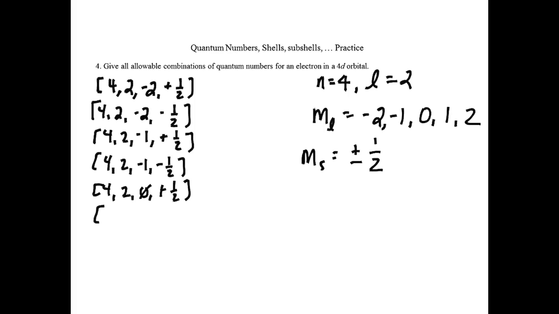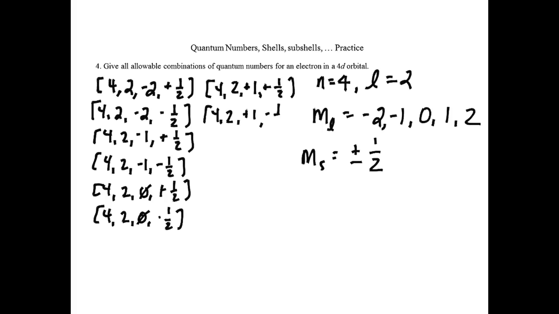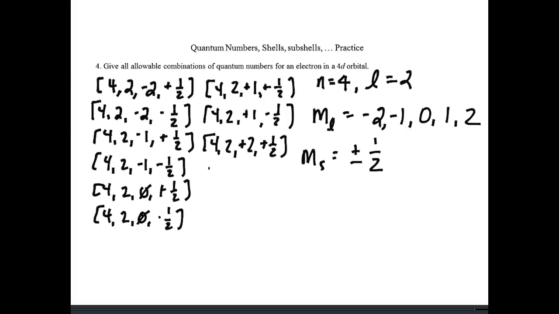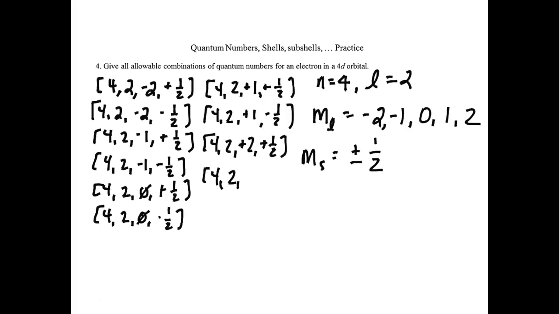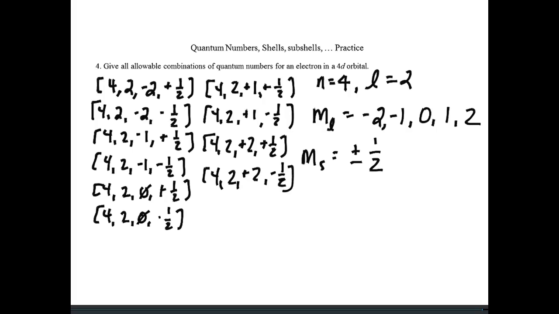However, the M sub L value will vary for all the possible ones it can be. And then the M sub S value will vary between +1/2 and -1/2. So here we have M sub L of -2, M sub L of -1, M sub L of 0, M sub L of +1, and M sub L of +2.